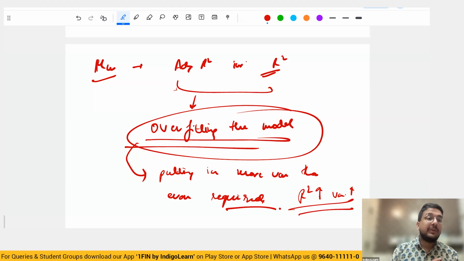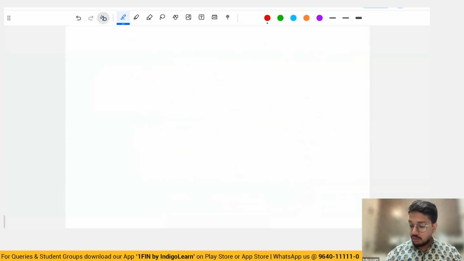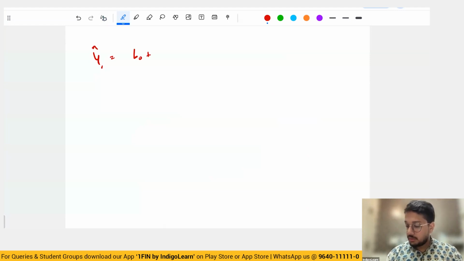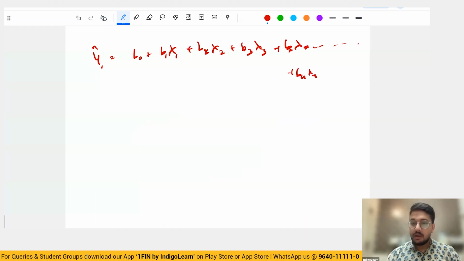So there might be a situation where I make a very big multiple regression equation, which could look something like this: Y hat is equal to b naught plus b1 x1 plus b2 x2 plus b3 x3 plus b4 x4 up to bn xn. But let's say I might not even need this part.